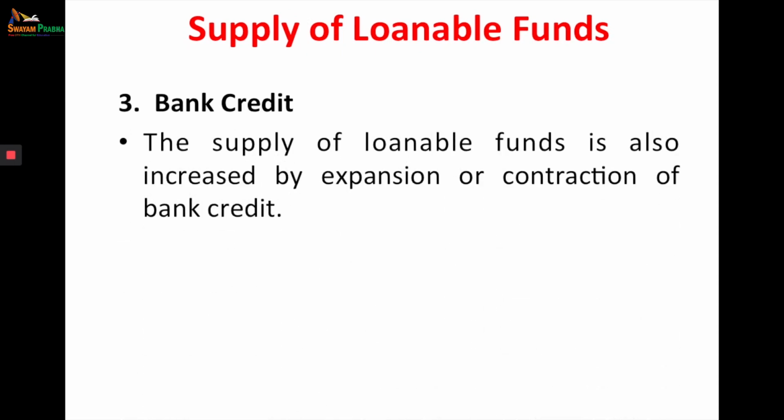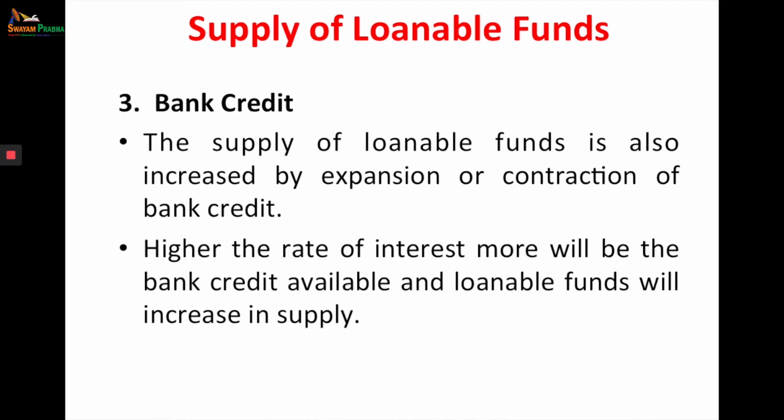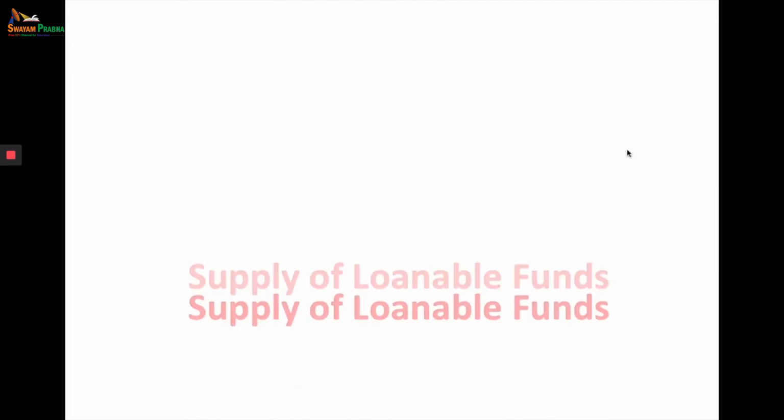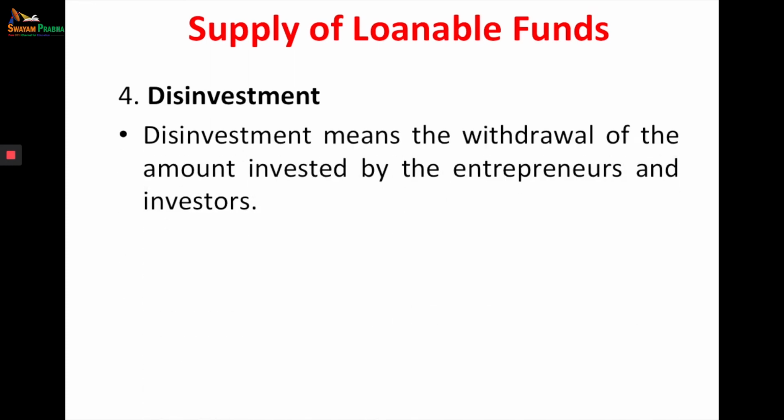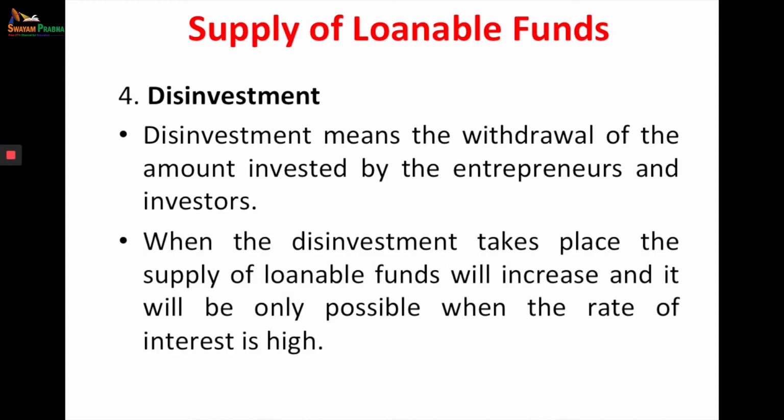Third, bank credit. The supply of loanable funds is also increased by expansion or contraction of bank credit. Higher the rate of interest, more will be the bank credit, and it will increase the supply. Fourth, disinvestment. Disinvestment means the withdrawal of the amount invested by the entrepreneurs and investors.